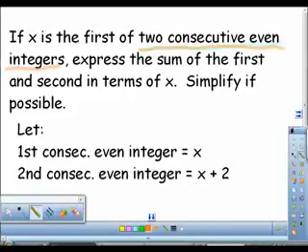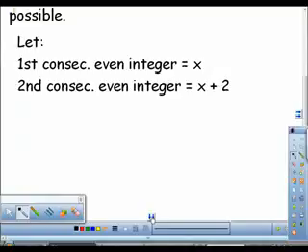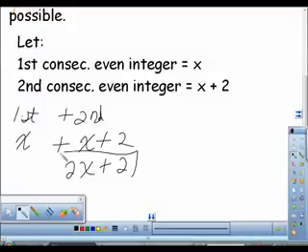The next thing is, notice it says we want the sum of the first, we're adding that to the second. So we're going to take our first and add it to our second. Well, we said our first was x. We're going to add that to our second, which is x plus 2. Now, simplify it. What's x and x? So I have 2x plus 2.